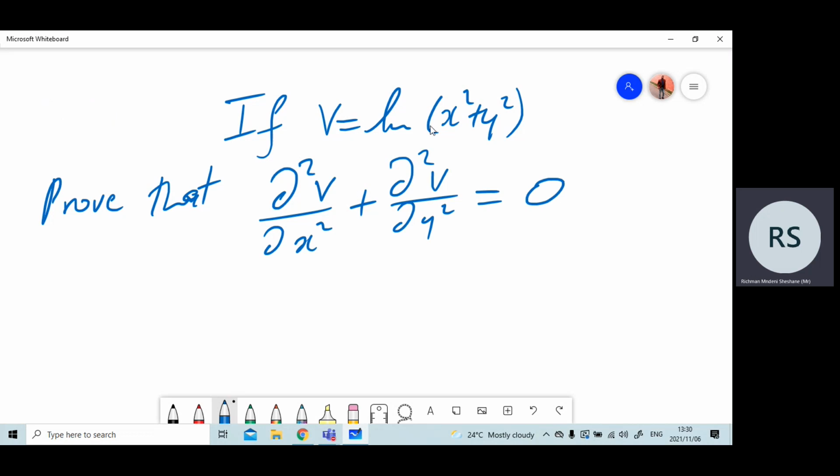If v is this function, ln of x squared plus y squared, you see v is a function of two variables, x and y, so that's why we have partial derivatives. So prove this identity. Take the left-hand side and show it is equal to the right-hand side. Find these partial derivatives and then add them and show they equal 0.